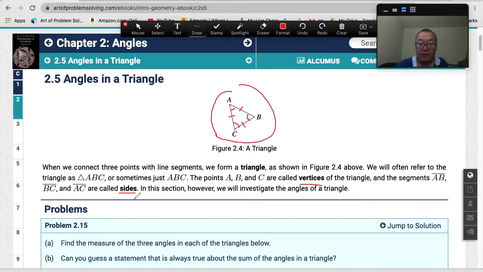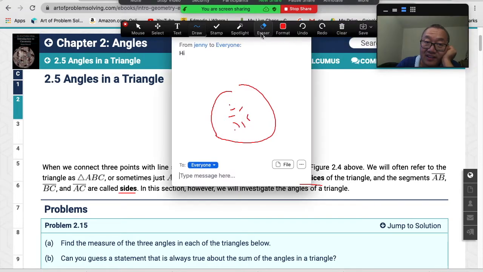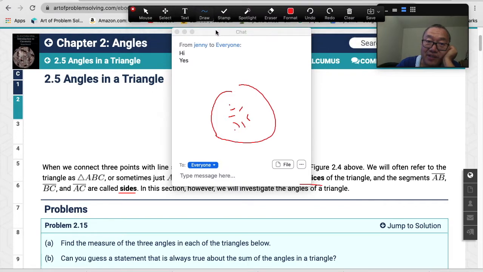Then do you know what the sum of the three angles in a triangle is? Does everybody know that? Send me your answer in a private chat, don't send it to everybody.